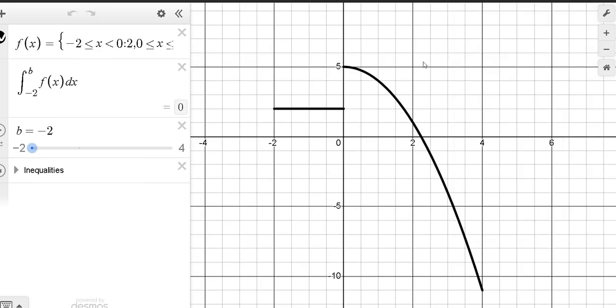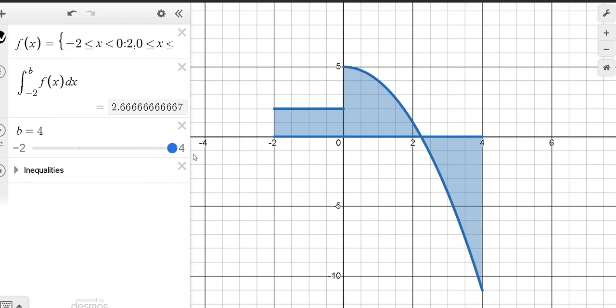And you want to find the area between the function and the x-axis for the length of that interval. So you're going to break it up into 2 parts. We're going to do this part right here, which is just the function f of x equals 2, and then the other part, which is f of x equals 5 minus x squared, like that.